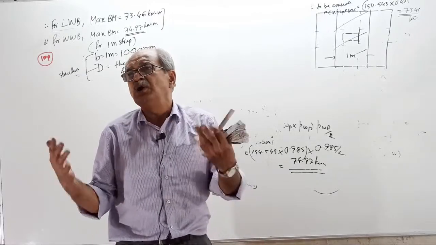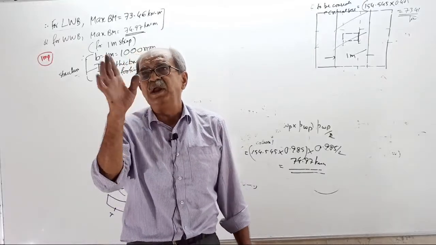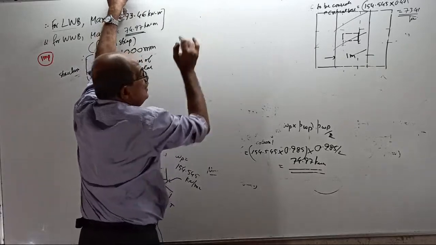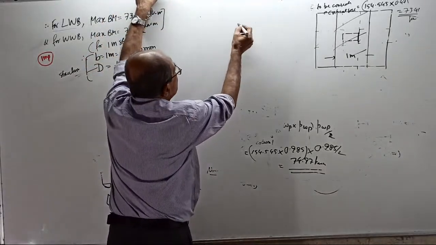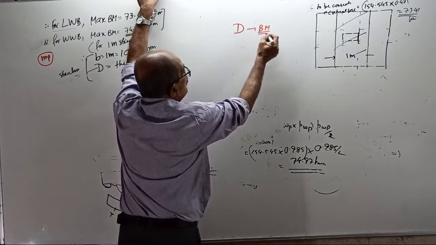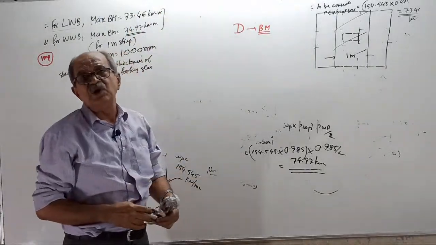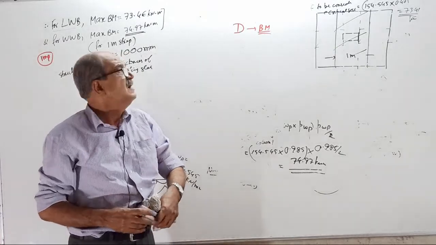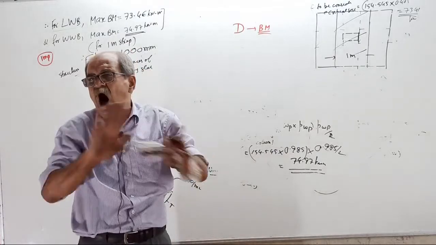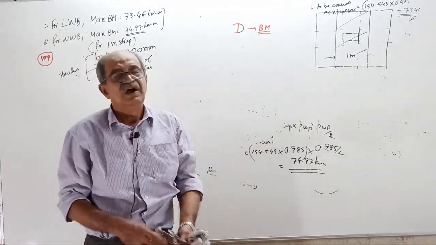Now, we do not know D. So what we do is, first we find the thickness required based on bending moment. But we know that the thickness required based on bending moment is not sufficient for shear.